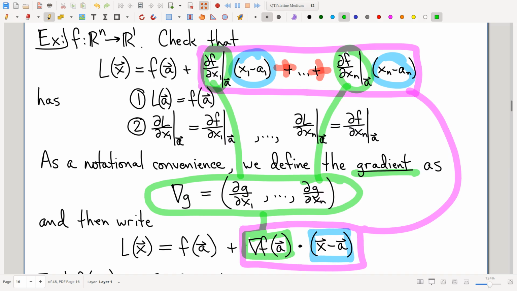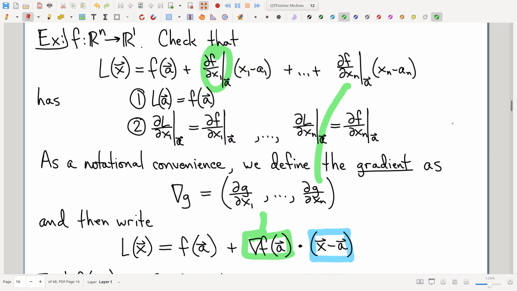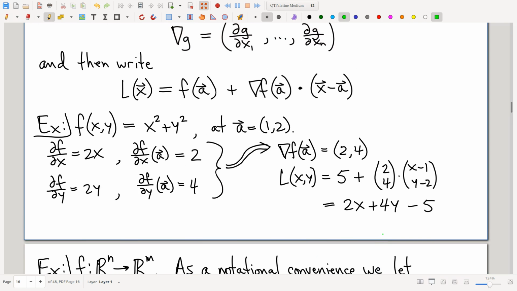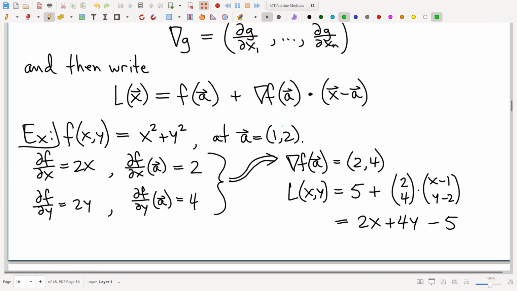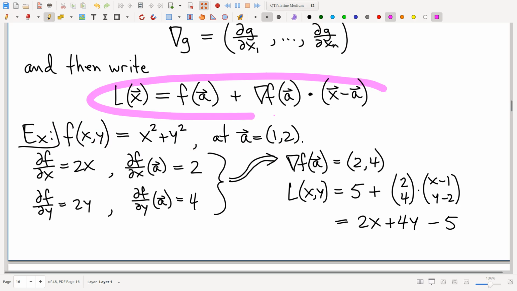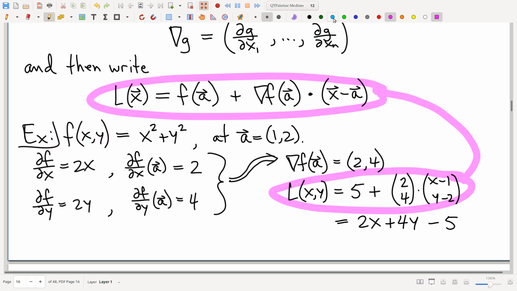Okay. All right, the example I've got down here is very plug and chug, so I'm going to be super quick with this. If you want to write the linear approximation of this function at that point, well, here's the formula for the linear approximation. And just one bit at a time, I need to compute these.